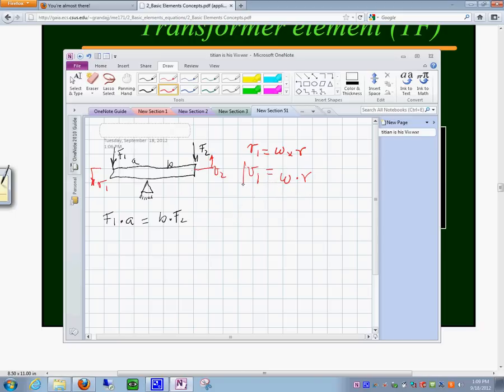See, omega is this. Which r? Where's the r? The entire length or just the A? Yeah, I should have just done the A.